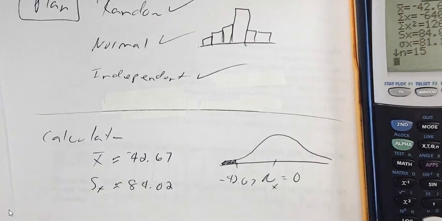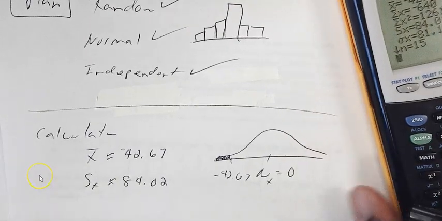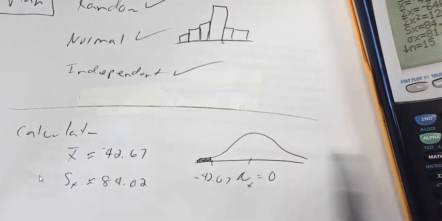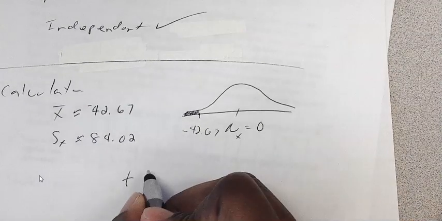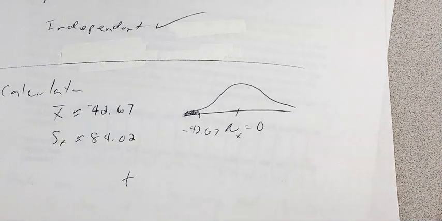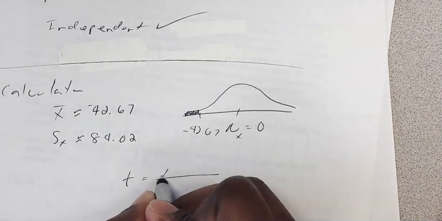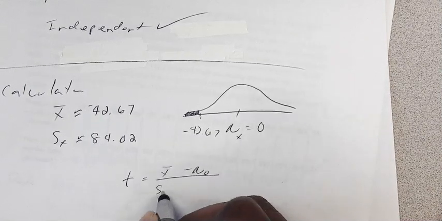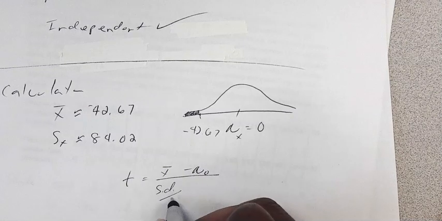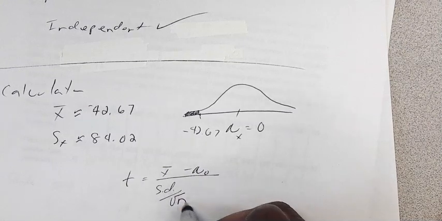We're doing a one-tailed test, so that's what we're looking for. We don't know anything about the population, so we're going to need to use a t-test. And the t-test, there's a formula for it we're going to go by. It's basically the sample mean take away what we expect the population mean to be, divided by the standard deviation over the square root of n.